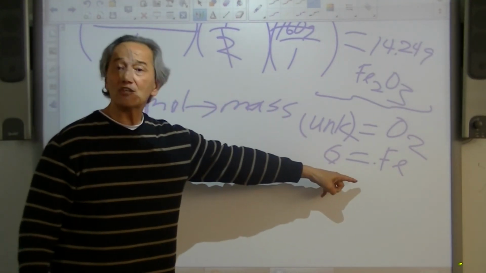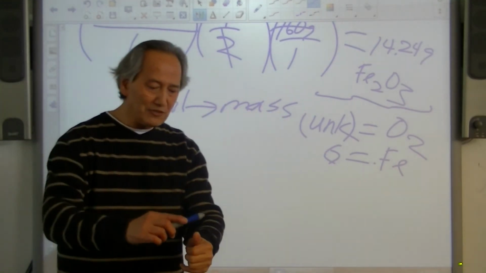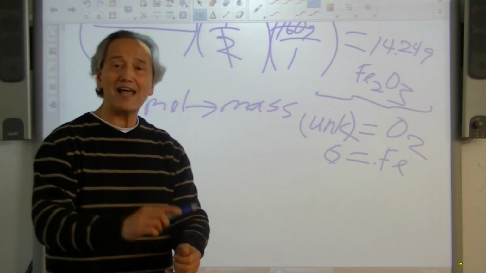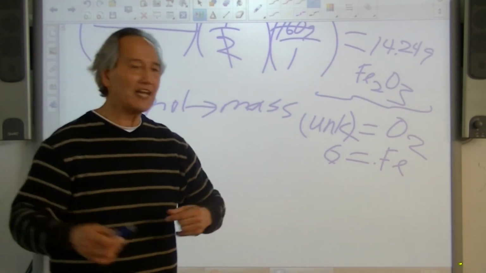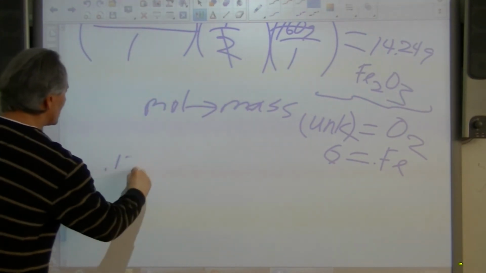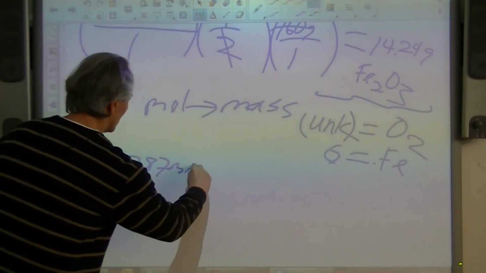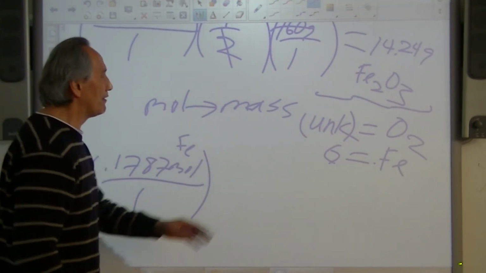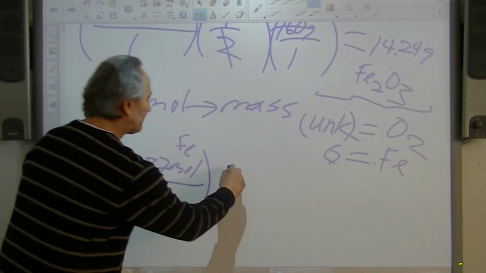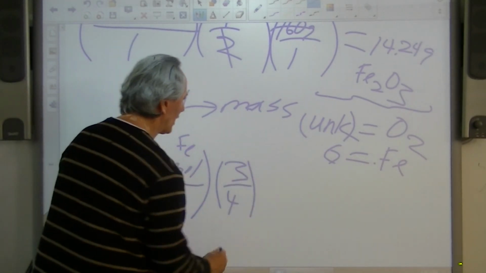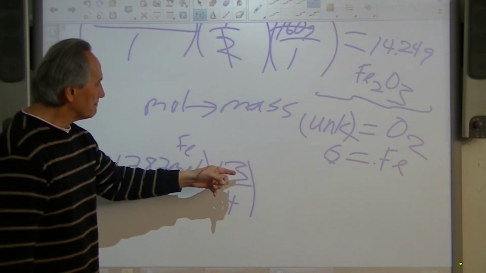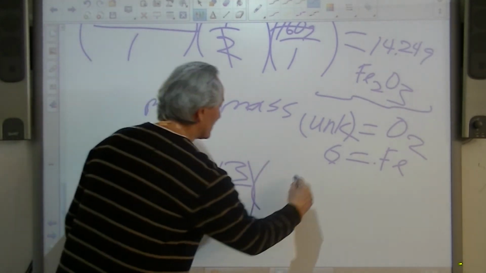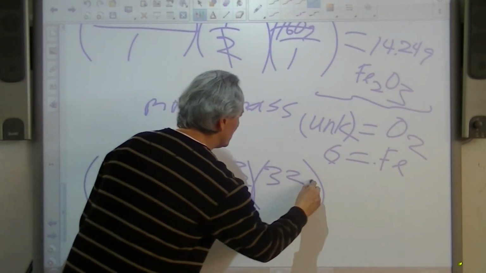The mole value that you use for these particular problems is the actual mole value calculated for the limiting reactant, which in this case was iron. So we start with 0.1787 moles of Fe, over 1. Then the relationship of oxygen to iron, which is 3 to 4: 3 moles of oxygen to every 4 moles of iron, multiplied by the molar mass, which is 32 grams.